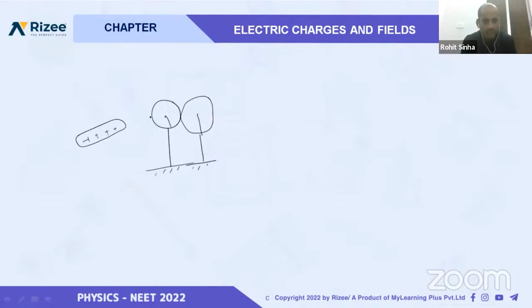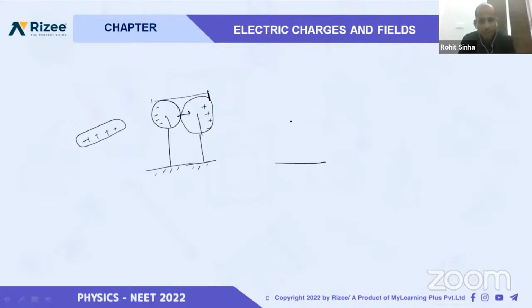What will happen? It will induce charge here that will attract electrons to its side and repel positive charge, and the positive charge will go here. Why? Because positive charge from here will jump to this side and it will go to maximum distance from this, and maximum distance will be from here to the other end here.